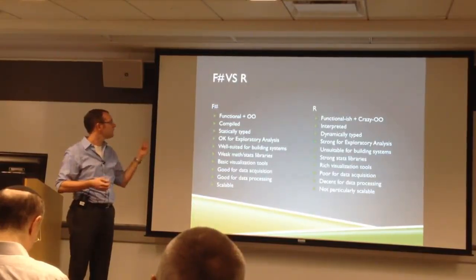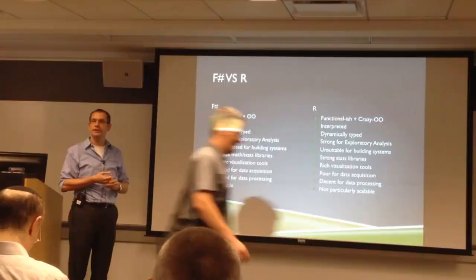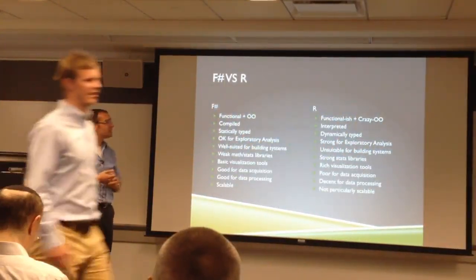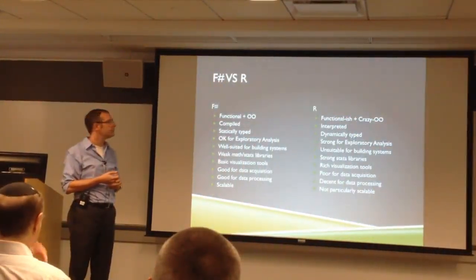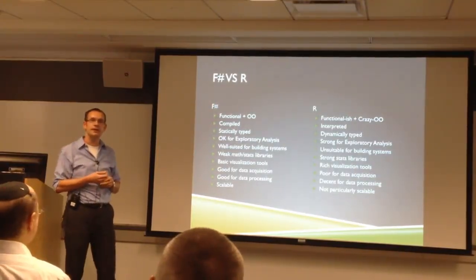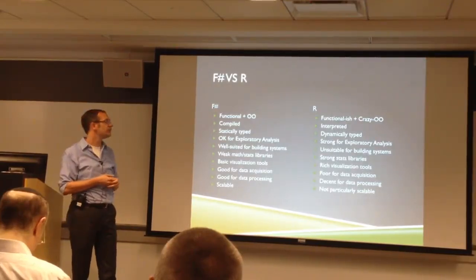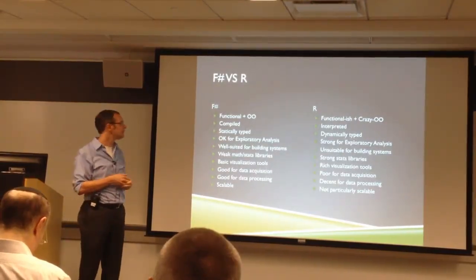So I kind of think of F-sharp as functional plus OO. R is kind of a little bit of a strange language, so it's got some functional bits, and I'll show you some of those. And it's got a crazy object-oriented system, which was clearly bolted on afterwards, rather than being part of the design. You'll see a bit of that as well.